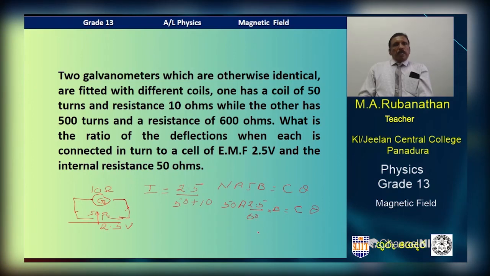Again, write another. When we place the galvanometer with 500 turns, now the resistance is 600 ohms.